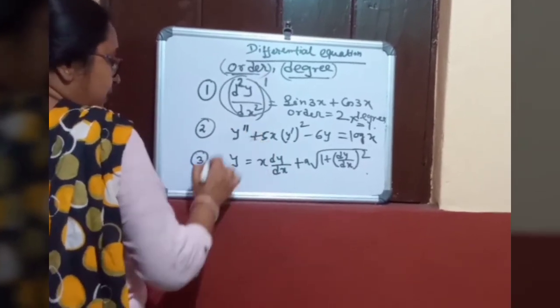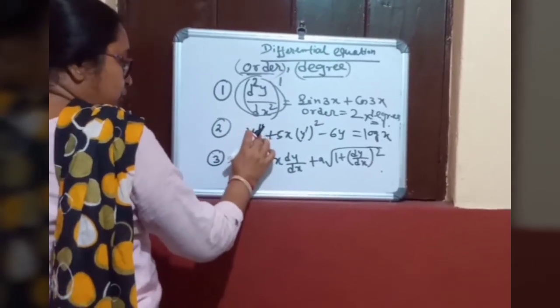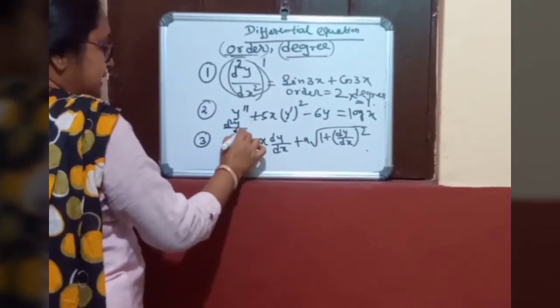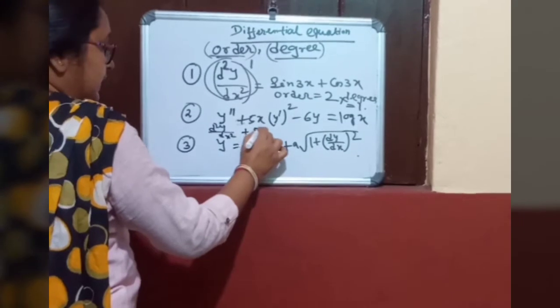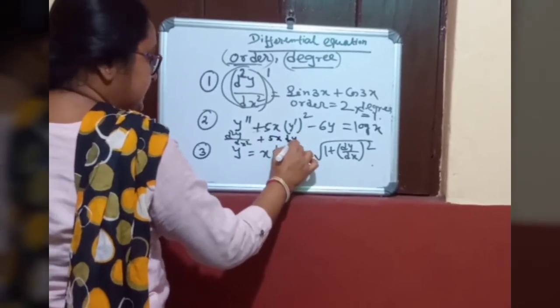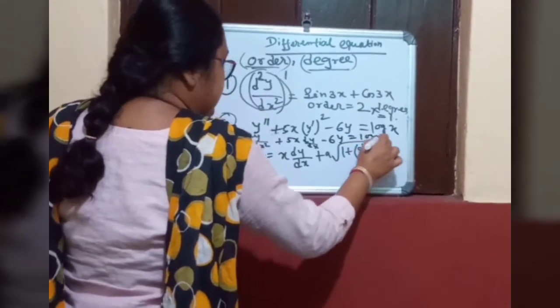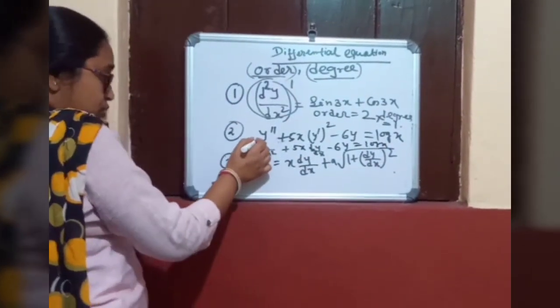Here, what is the order? The highest derivative is the double dash, that is d2y/dx². So d2y/dx² + 5x dy/dx − 6y = log x. Here the order is 2.